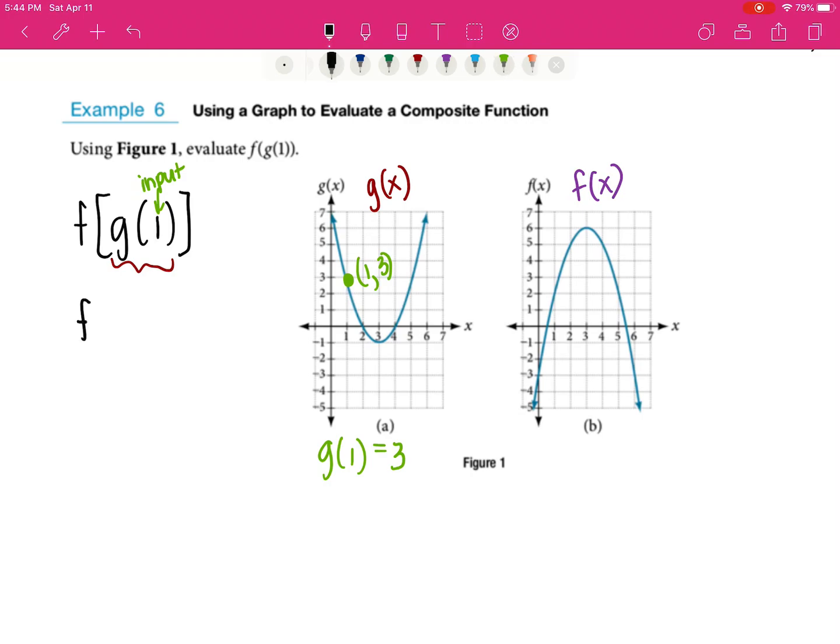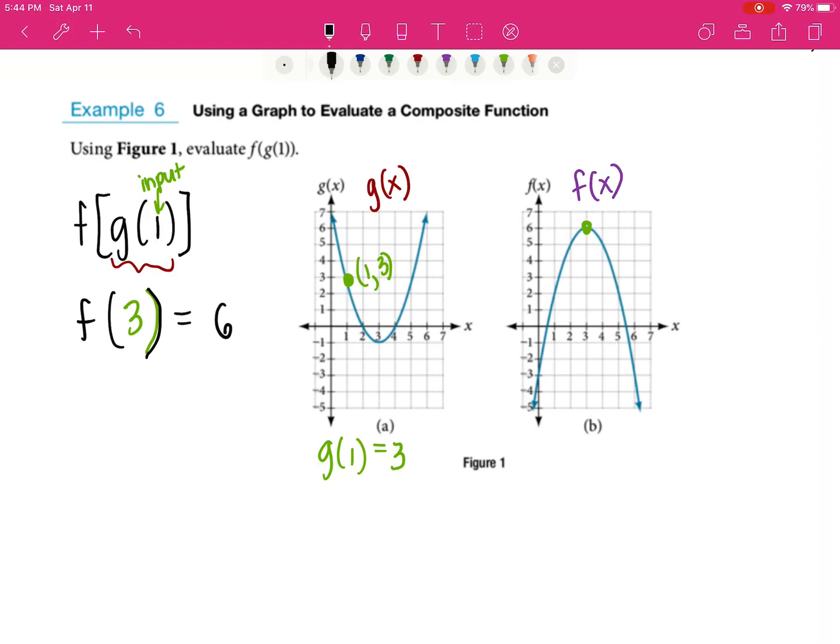So I'm going to come back over here, and in place of g of 1, I'm going to put a 3. And now I'm going to put a 3 into the f function. When I put a 3 into the f function, 1, 2, 3, so there's my 3, I get a 6 out.